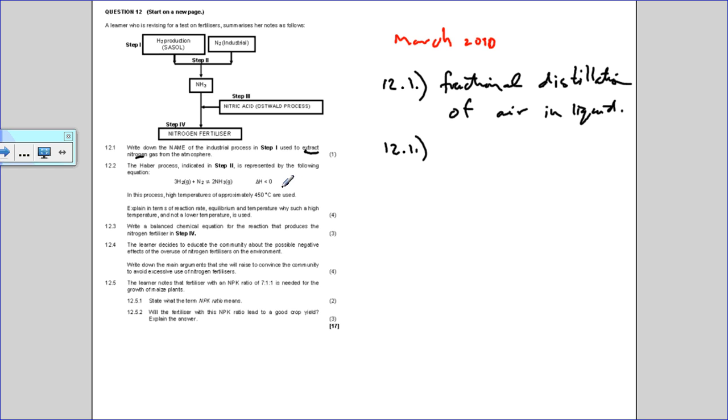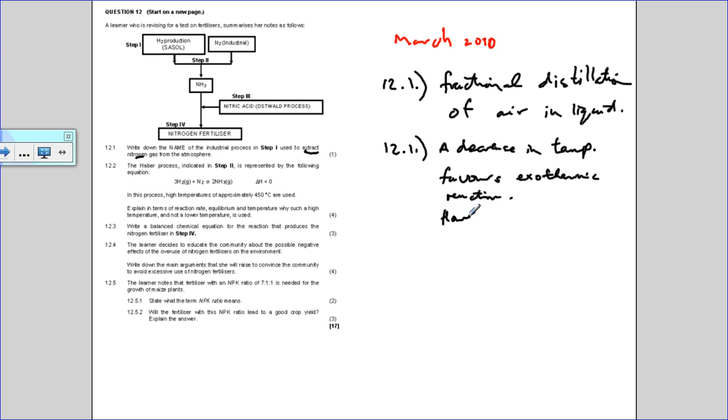If the forward reaction is exothermic, then a decrease in temperature favors the exothermic reaction. So, logically, if we cool this reaction down, more ammonia will be made.